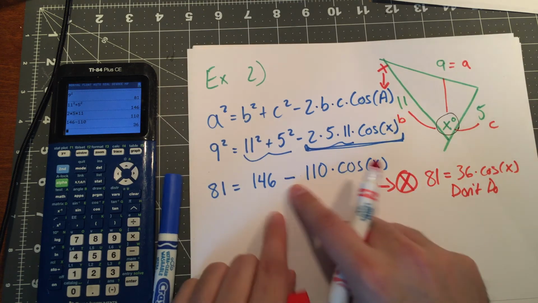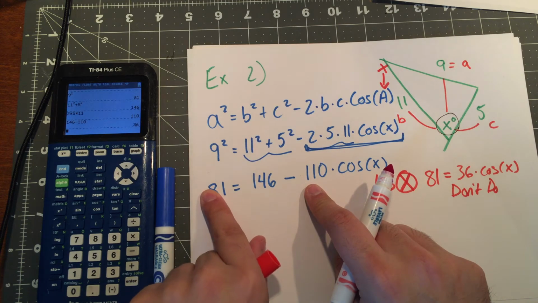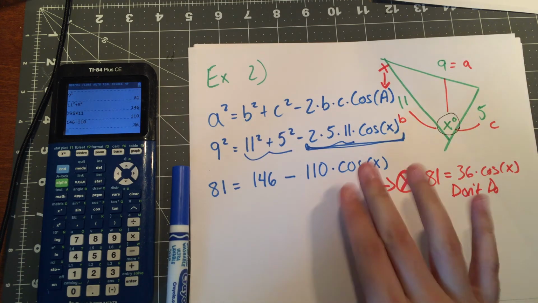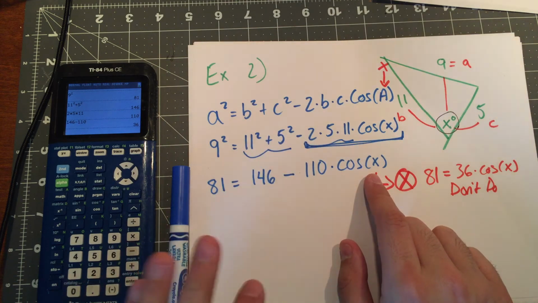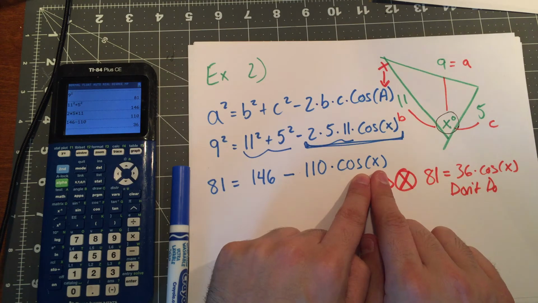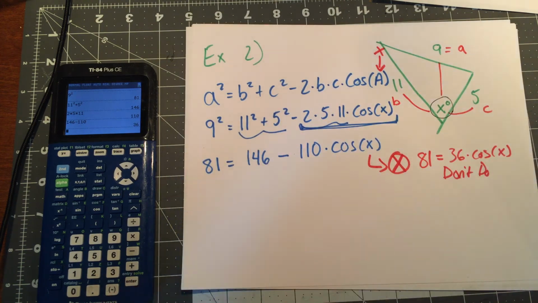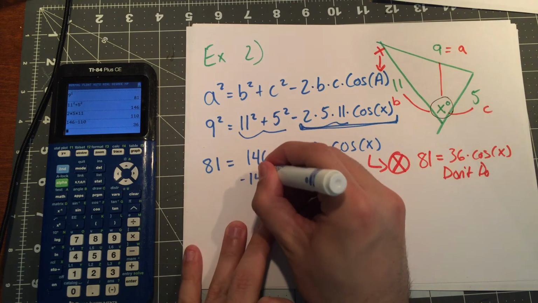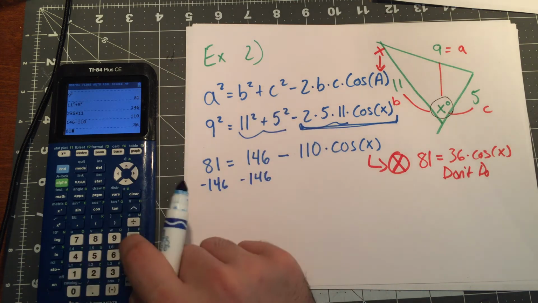What's going to happen is I have to move this over here. I have to get rid of that so my x is by itself. You see this x, there's a lot of stuff that has to move away until this x is by itself because we need x equals something to get an answer. So I'm going to move this 146 over there. It's going to be negative for just a moment. That is okay. We will solve it in a moment.